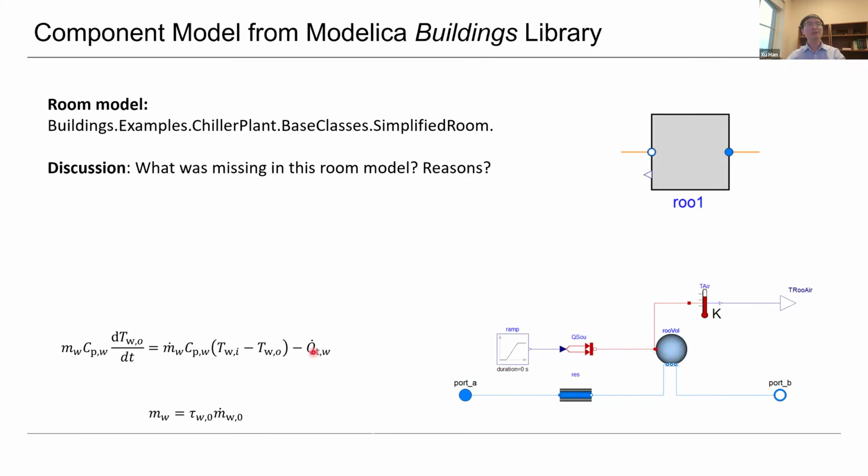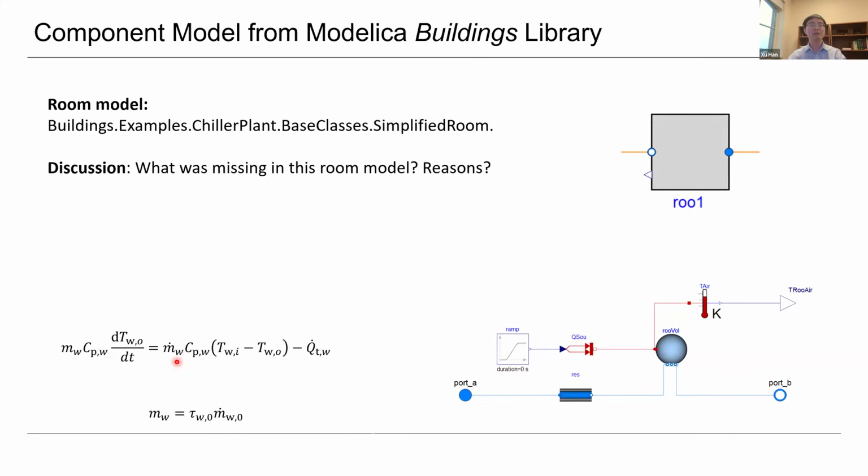So you may find something was missing in the room model. For example, the heat loss or heat gain through the building envelope, through the solar radiation, solar heat gain, all of this was not modeled here. If you look at the equation, you can also see that clearly. This is the derivative of the temperature of the mixing volume with respect to time, dT/dt.